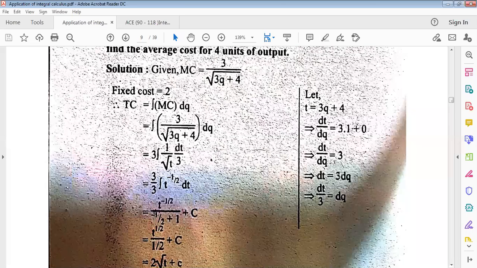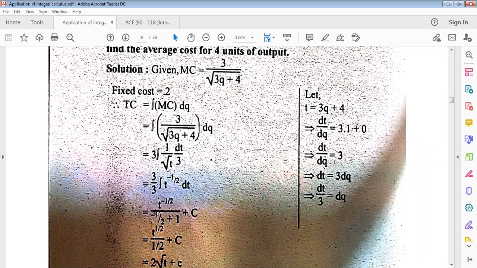That means dt equals 3 dq, so dt/3 equals dq. In place of dq, we can put dt/3.